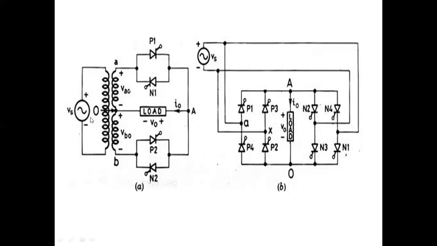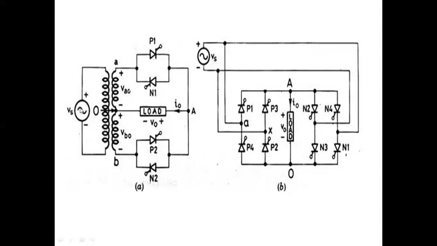Here we are using AC. This is the circuit symbol of AC voltage source. Output across the load is also AC. But here, suppose the frequency of this voltage is 50 hertz, in step up cycloconverter the output will be greater than 50 hertz.